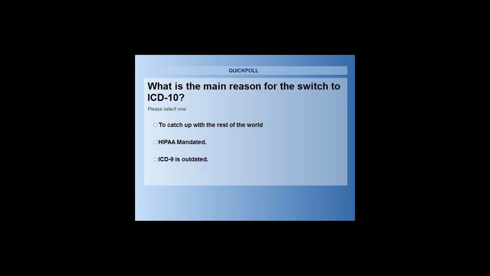Good. I'm going to give them a little extra time to finish this poll since some may be just getting settled back in. Okay. So we're at 83%, which tells me there's probably 5 or 6 out there who still need to get it in. And if the poll didn't pop up for you to use, go ahead and just type your answer into the questions box, or you can write it down and fax it to me or email it to me.